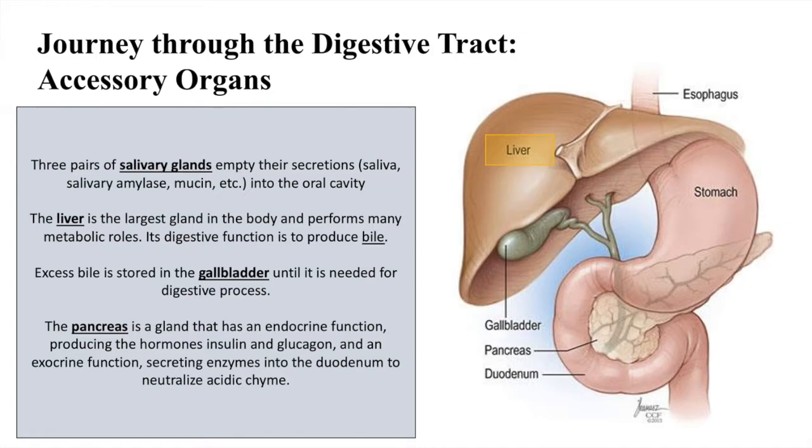Its digestive function is to produce bile. Excess bile is stored in the gallbladder until it is needed for digestive processes. The pancreas is a gland that has an endocrine function, producing the hormones insulin and glucagon, and an exocrine function, secreting enzymes into the duodenum to neutralize acidic chyme.